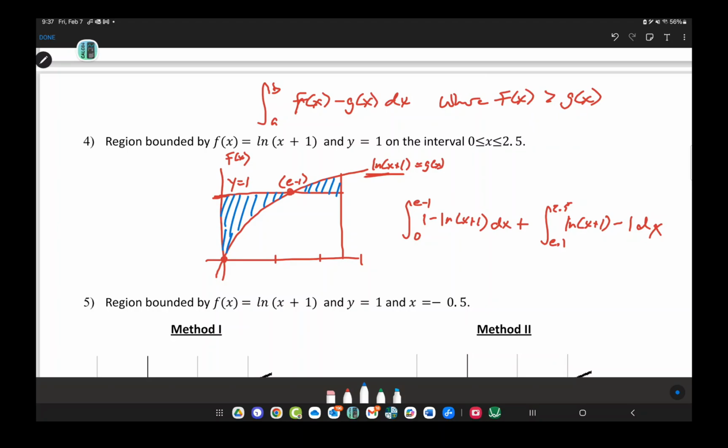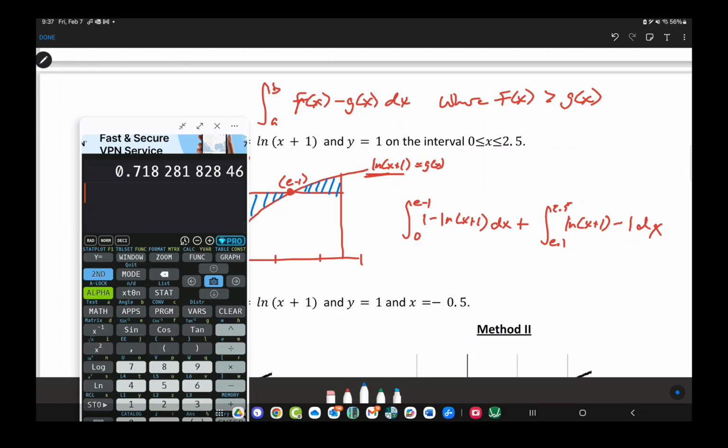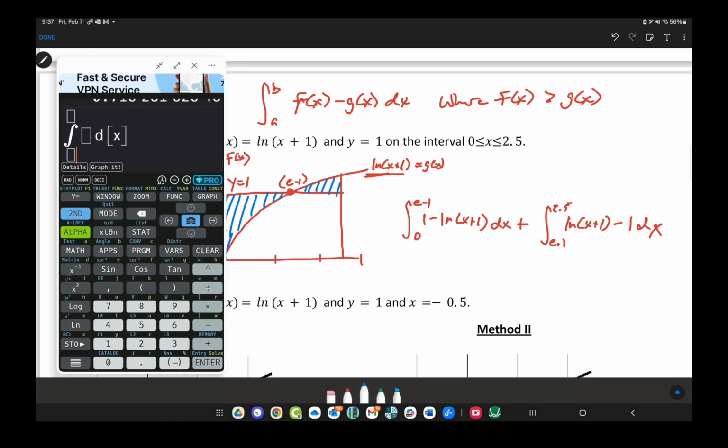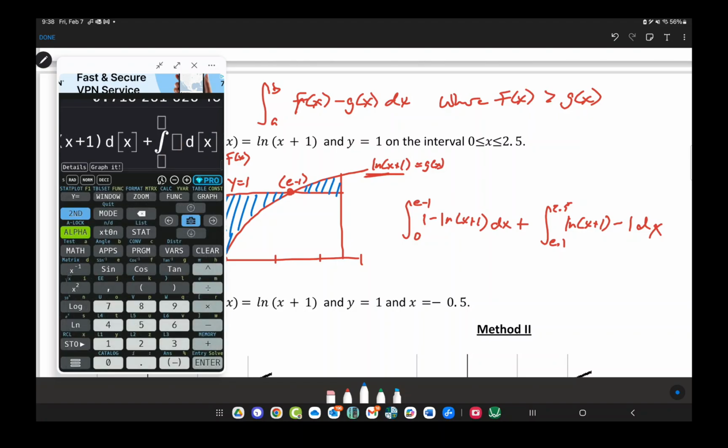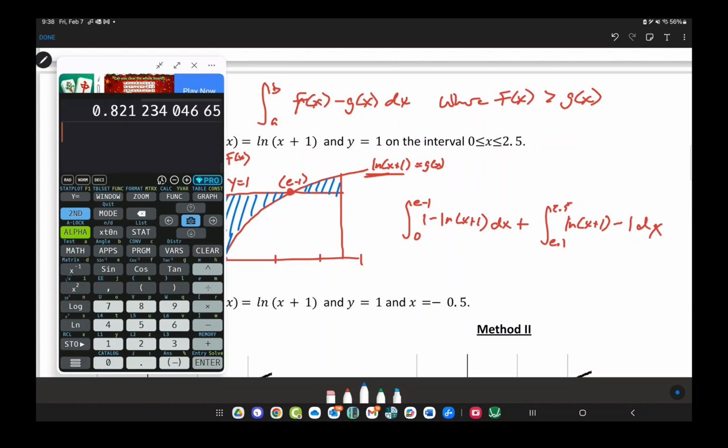So we can just put this whole thing in the calculator, they want it done separately. The integral from 0 to -1 of 1 minus the natural log of x plus 1, plus that other one from 1 to 2.5, where the natural log of x plus 1 equals x minus 1. That gives 8.21, or 0.821.